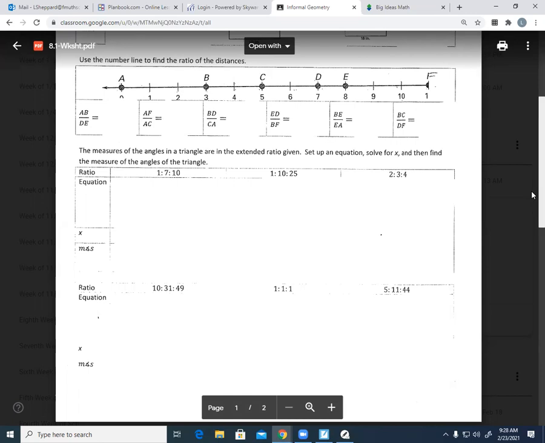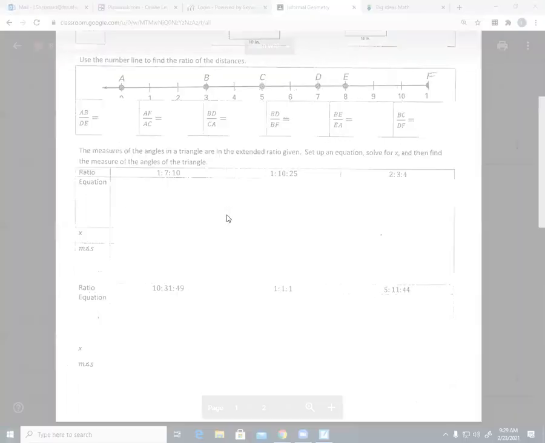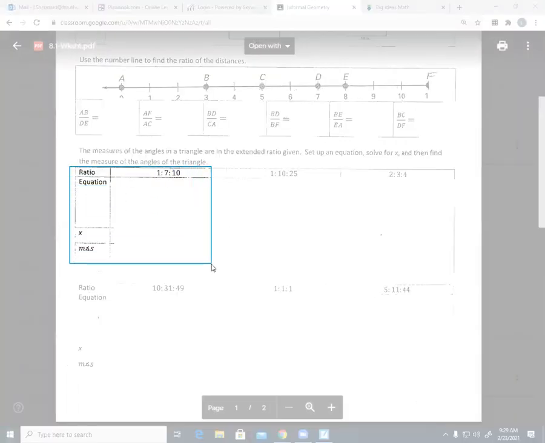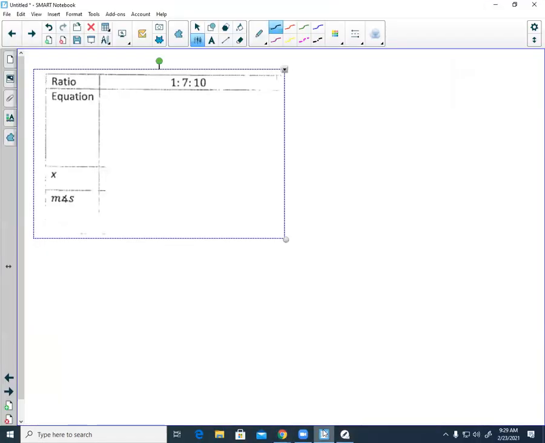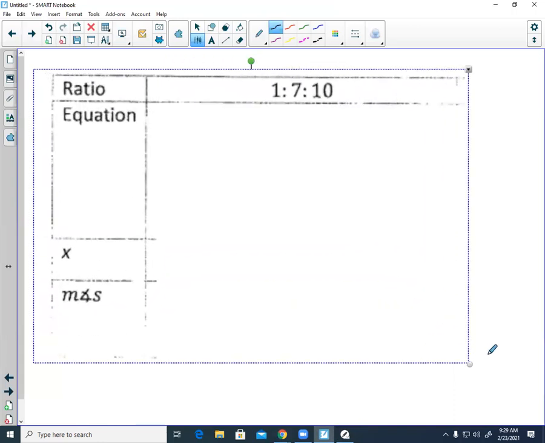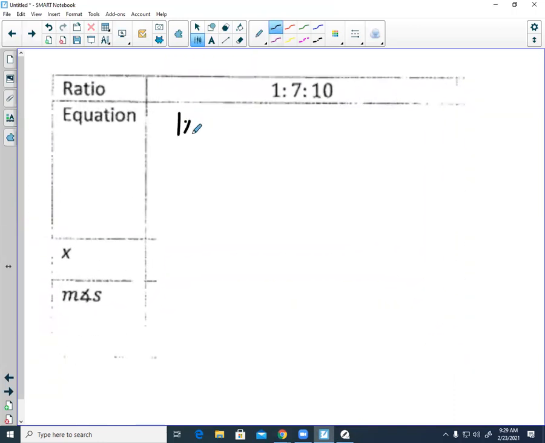Okay? So in this, I'm going to say 1x. So in this one, I'm just going to say one of them is 1x. One is 7x, and one is 10x. And if I add all three angles of a triangle together, what is it going to equal?